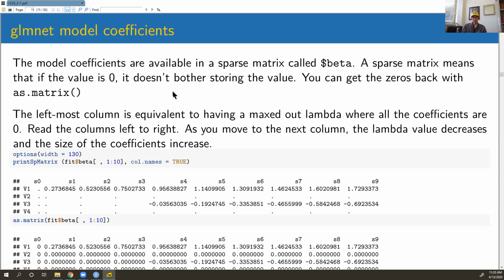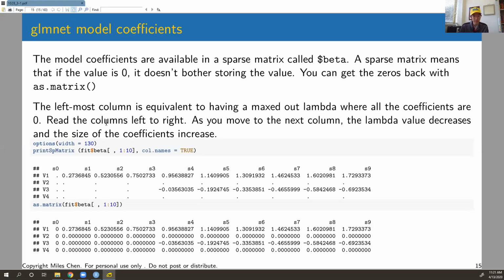The coefficients themselves are estimated and stored in this matrix, and it's technically a sparse matrix. You're going to read these columns from left to right. When we have a very large lambda, all of your coefficients are 0.